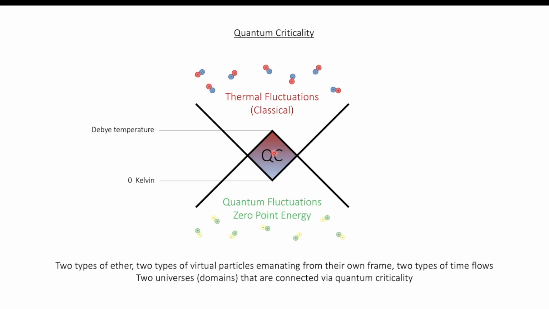And this then rolls out in a curve and hardly increases anymore, and that's the Debye temperature. So from 0 Kelvin, heating the material up until the Debye temperature is a region where quantum fluctuations are helping to heat the system.